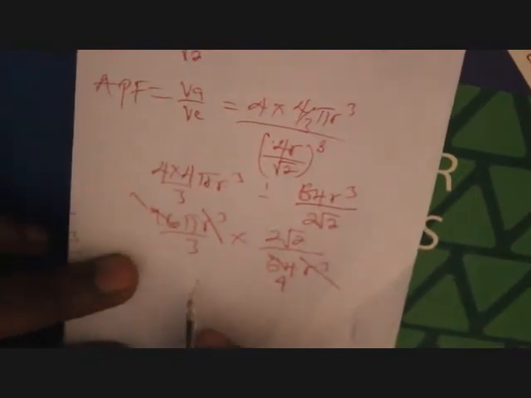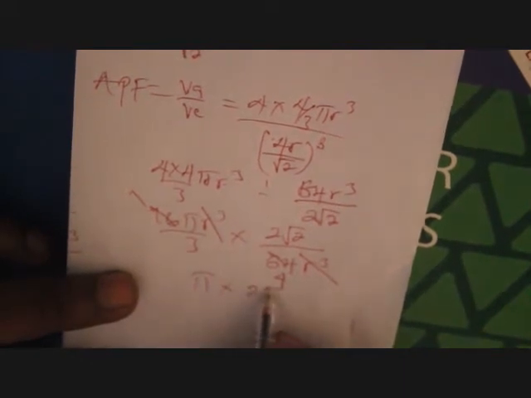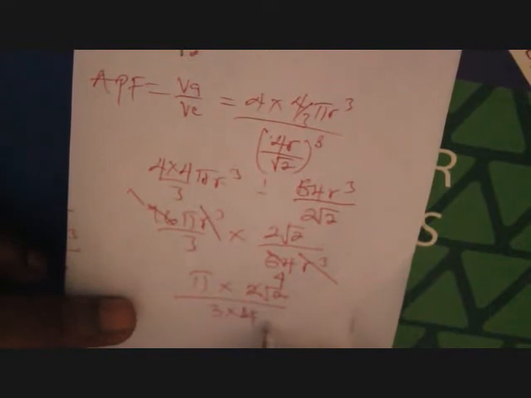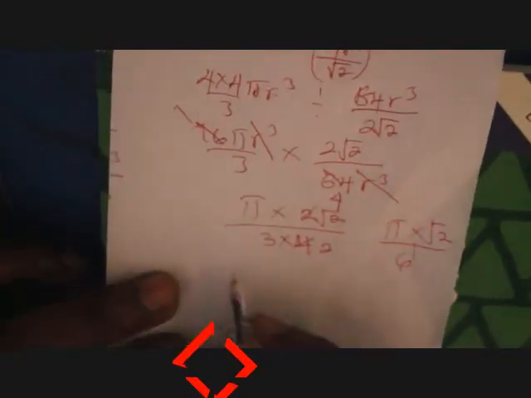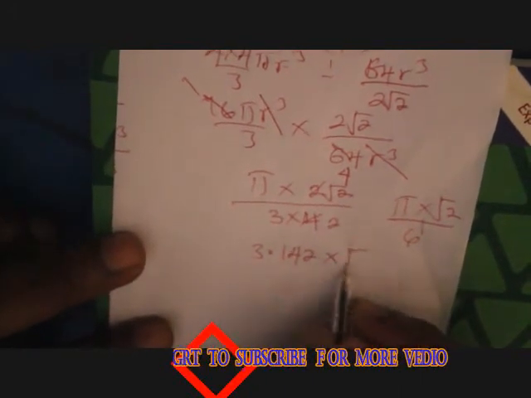Okay, so pi times 2 root 2 all over 3 times 4, and here 1, here 2, and we can now say pi times root 2 all over 6, and the value of pi is 3.142 times root 2 all over 6. Just press it in the calculator.